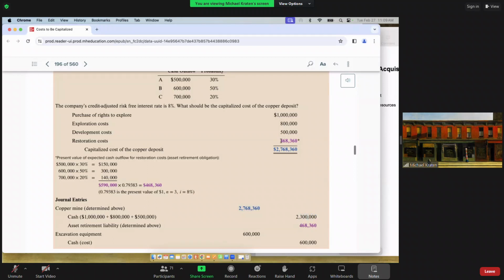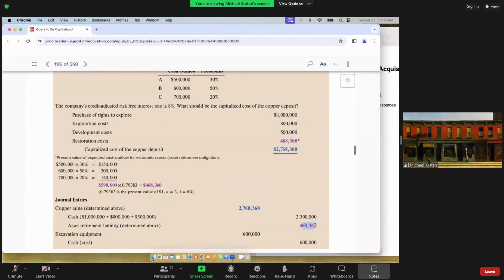Most of that cost you're spending up front, 2.3 million. The portion of that cost that you're not actually spending immediately, but you will in the future, you've committed to spending it, 468,360, that would be a liability because you're not spending the cash yet. You intend to spend the cash in the future.